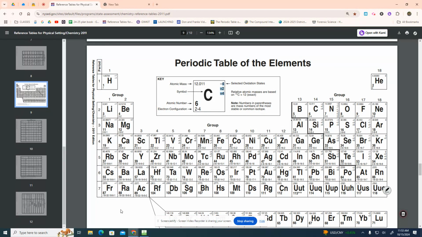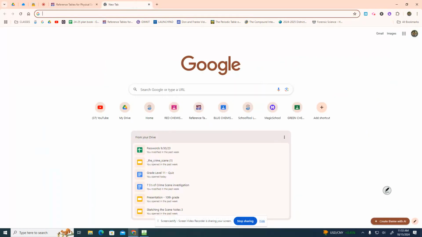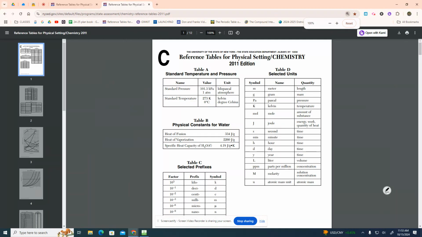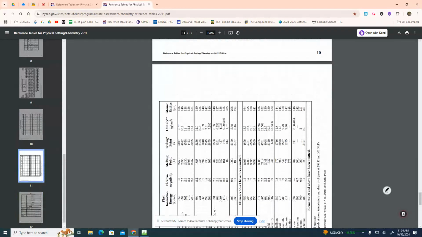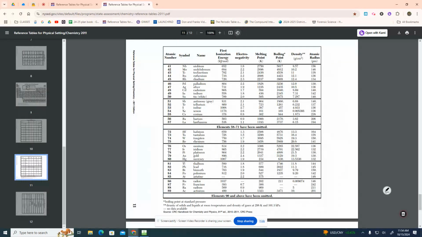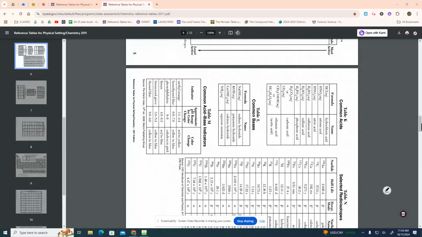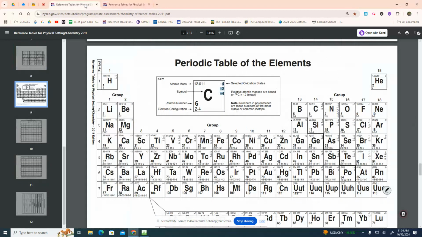In the very last column, it says atomic radius. How convenient. And if I look at lithium, this is where I need you, because you have a reference table in front of you. If I look at lithium, what is its atomic radius? 130.